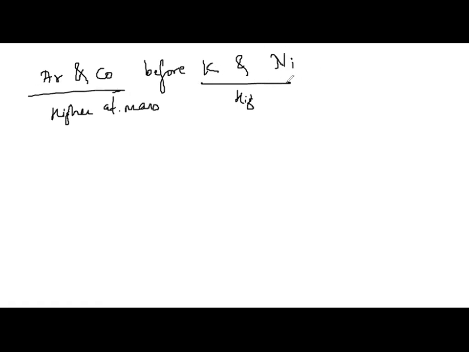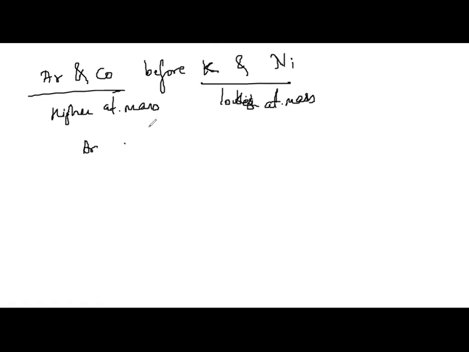Potassium should come first, nickel should come first because they have lower atomic masses. According to Mendeleev, atomic masses are written in increasing order. So first potassium and nickel should come, then argon and cobalt. But in his periodic table, these are placed before potassium and nickel. So these were the cases.